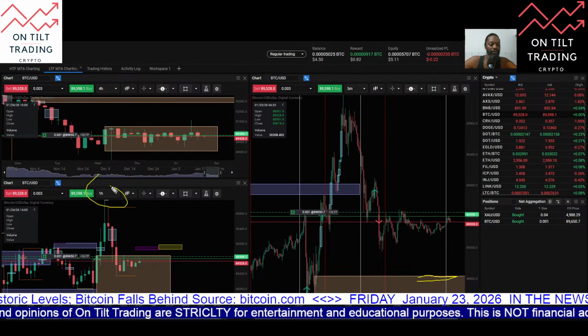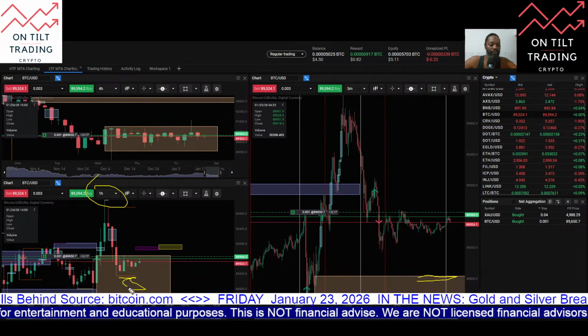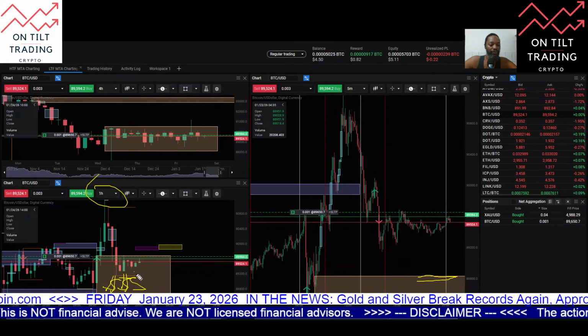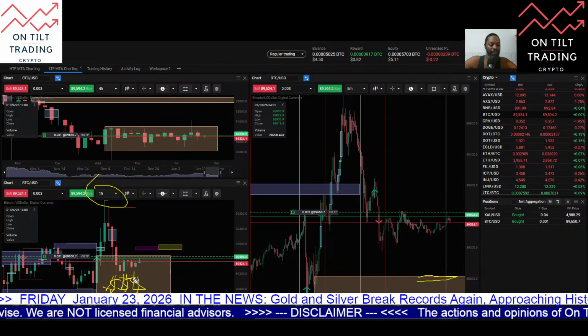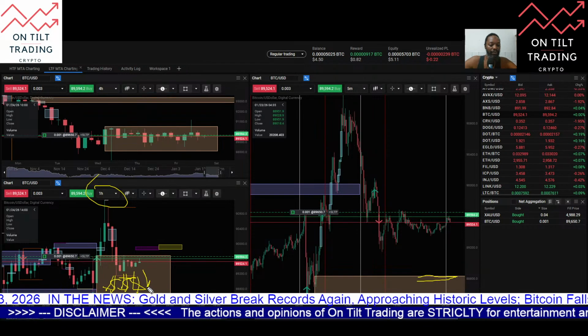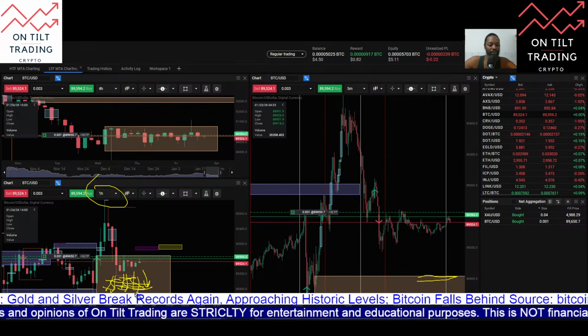And if we come here to the 1-hour chart, there's a liquidity pool right here below the New York PM session that I would look for price, or at least the price delivery algorithm, to sweep out of the market.